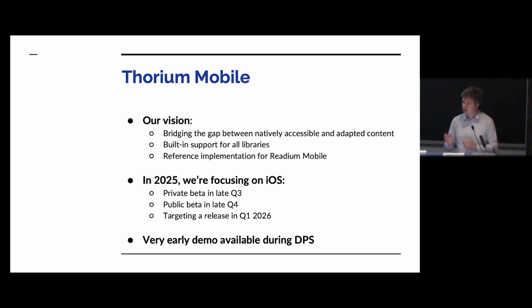EPUB versus DAISY, DODP versus OPDS, and we kind of want to bridge that gap. So what we want to do is create an app that can do both, like a place where I can get books from my specialized library, but also from my public library or anything else. So that means also built-in support for all libraries, public, specialized, school, anything.